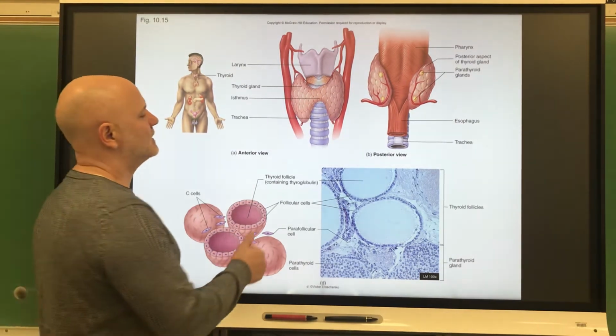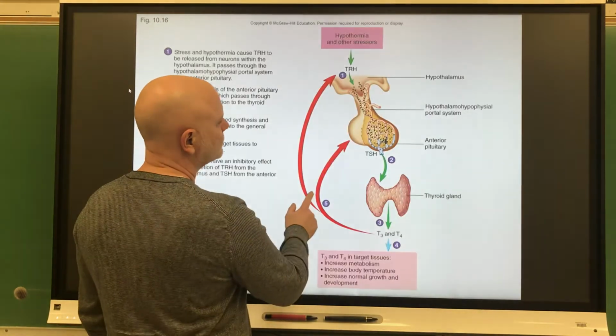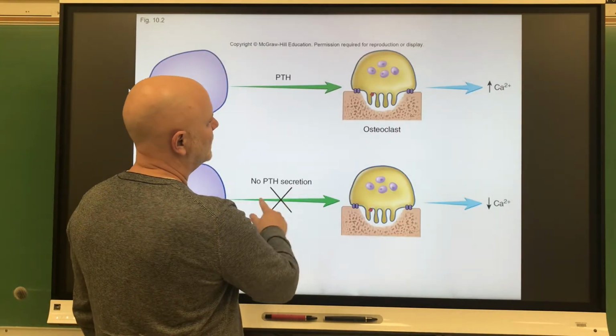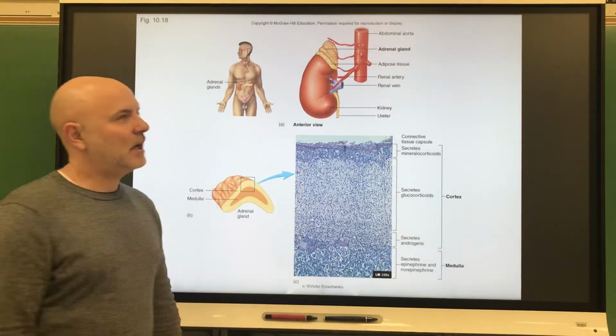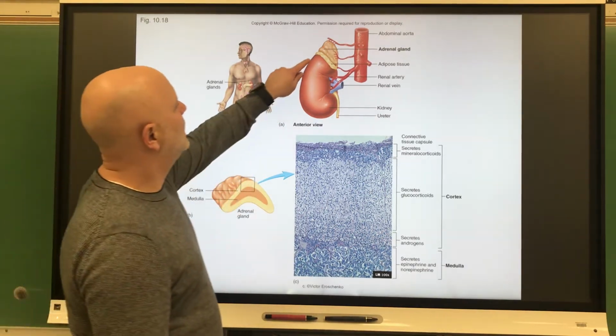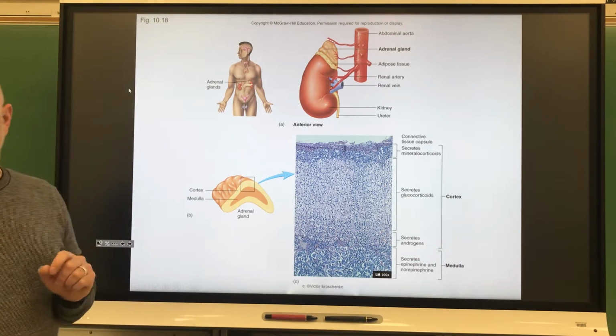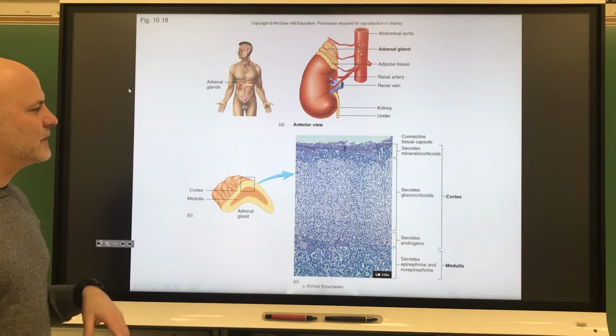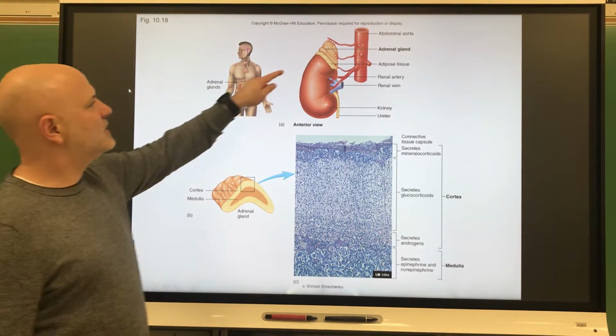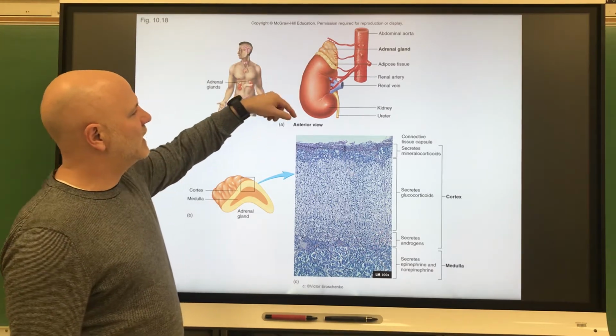All right, so let's look at the next gland. The next gland is the adrenal gland. There's the adrenal gland right there, and we're only going to look at a few hormones that are secreted from this. The adrenal glands sit above the kidneys.